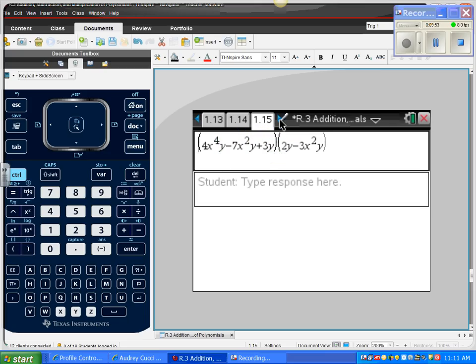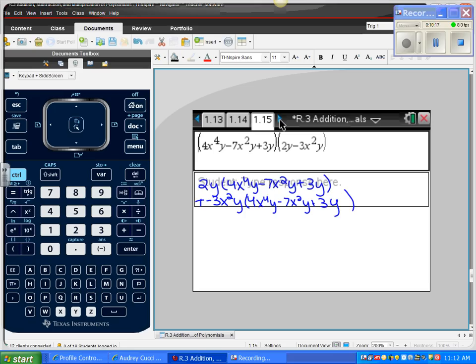Essentially what it looks like is this. 2y times 4x to the fourth y minus 7x squared y plus 3y, plus, we have to add to that, negative 3x squared y times 4x to the fourth y minus 7x squared y plus 3y.